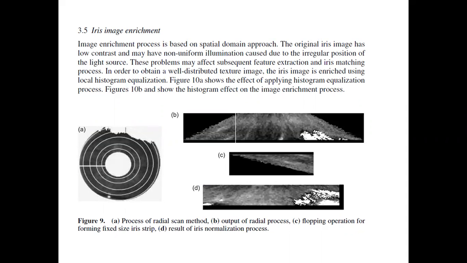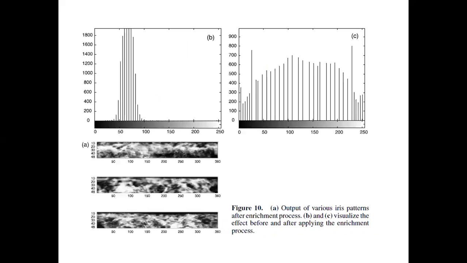What method are we using? Local histogram. The histogram analysis we are using for enhancement. After you finish the normalization process, the enrichment process will be carried out.